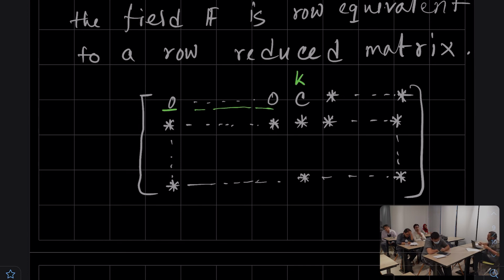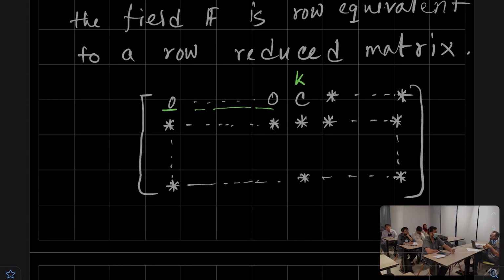So to make it a row reduced matrix, what do I need to do? Make this 1. How can I do that? We can multiply by 1 by C. Why does 1 by C exist?